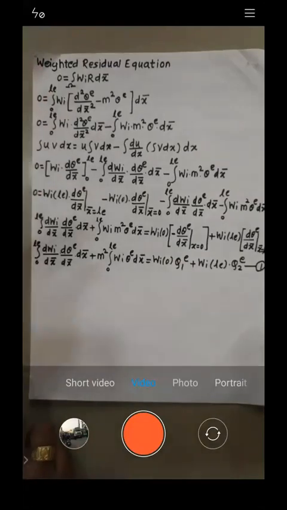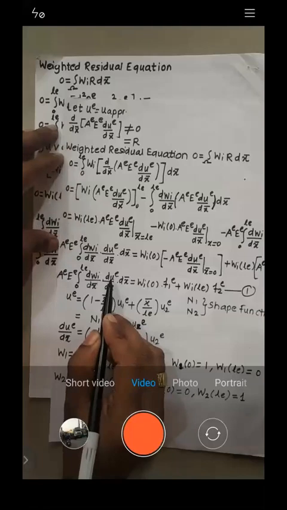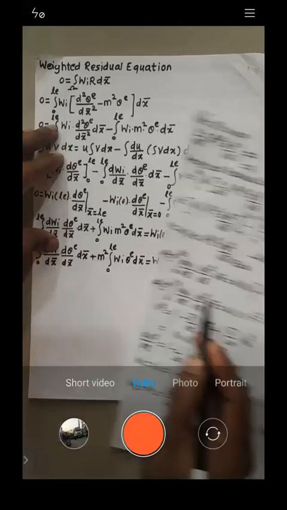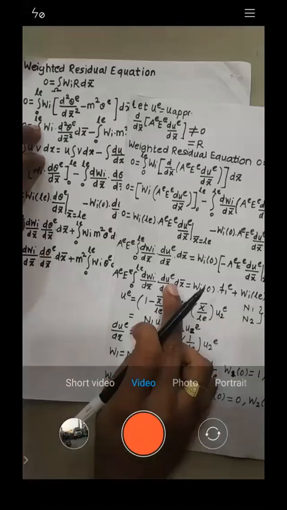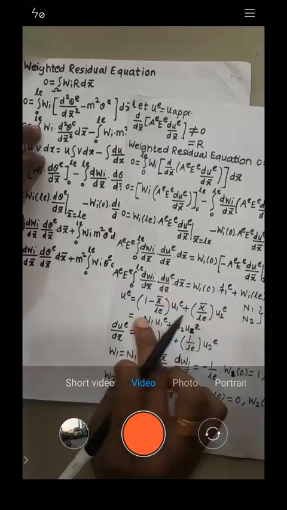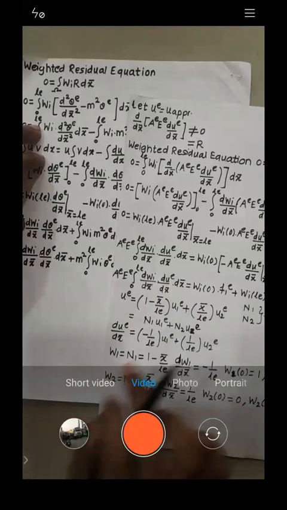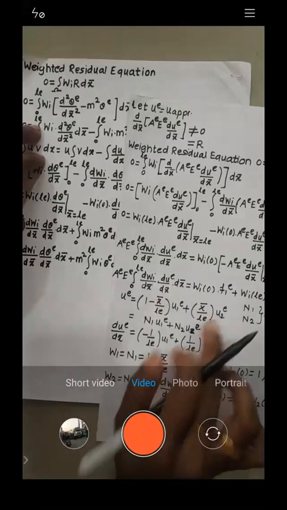What is theta? All of you see here, in the last problem we had u here. In this problem we have theta here. So whenever it was u, we wrote the equation for u in terms of the Lagrangian function. Similarly, when we have theta, I should write down the same equation for theta.